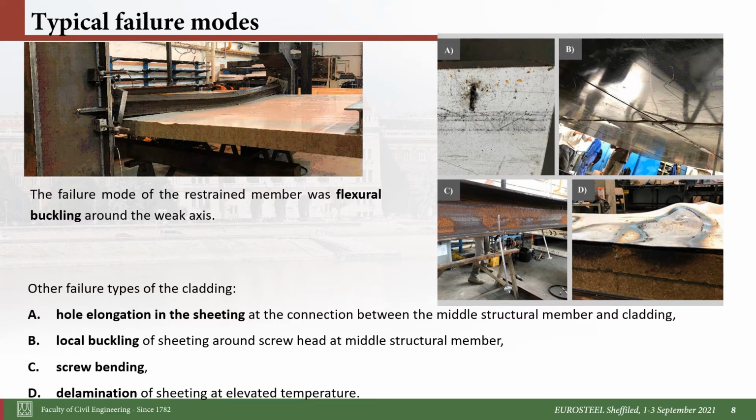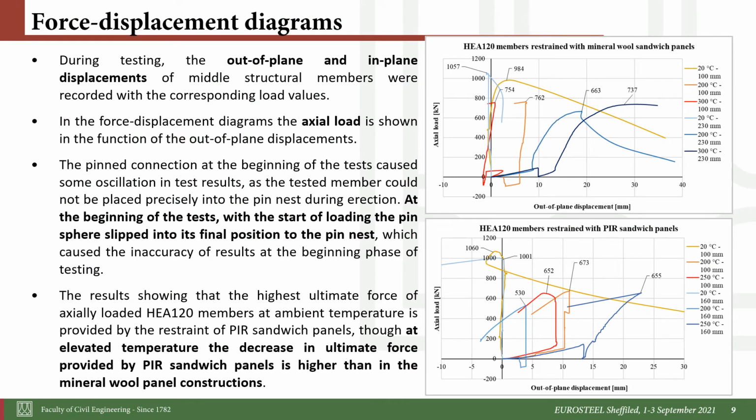Here you can see the typical failure modes. Here the flexural buckling of the member, and some kind of additional failure modes, hole elongations, local buckling of the sheeting as well. The screw deformations can be seen here, and the delamination of the sandwich panel can be also seen here.